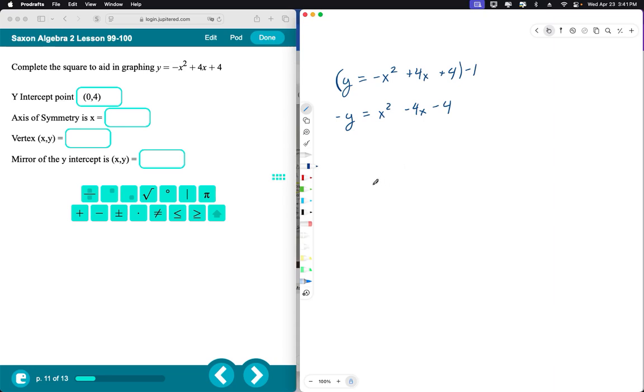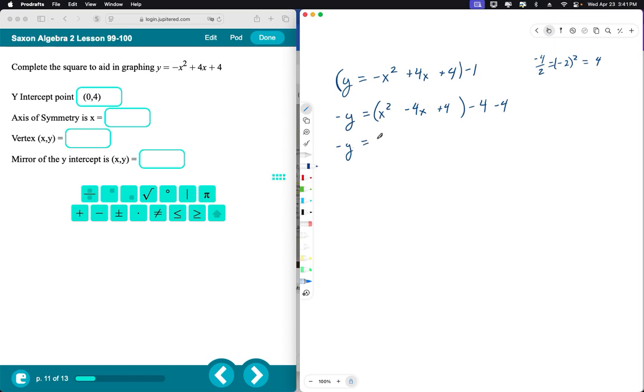All right, so let me go ahead and do parenthesis and do that. All right, negative 4 divided by 2 equals negative 2 squared equals 4. Plus 4 minus 4.